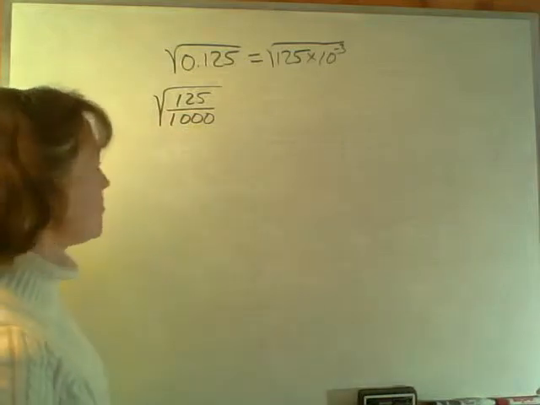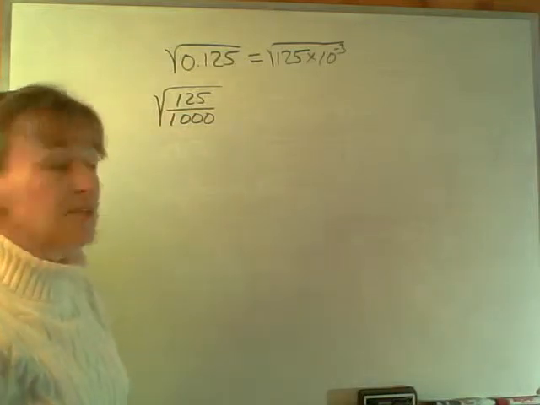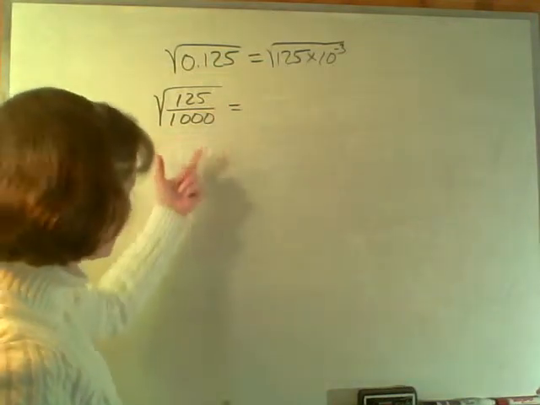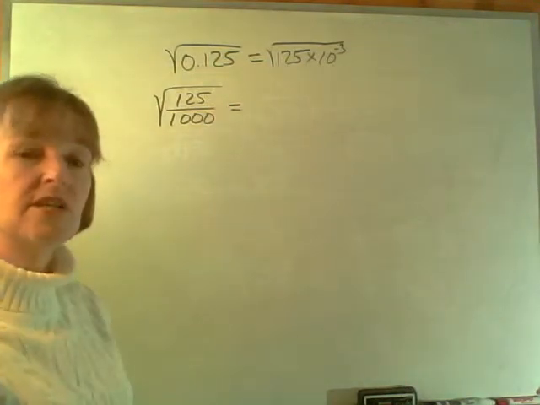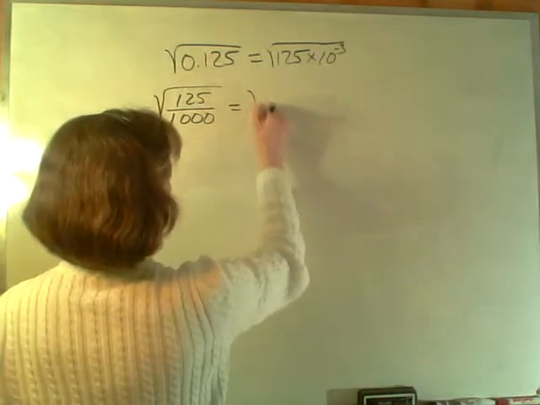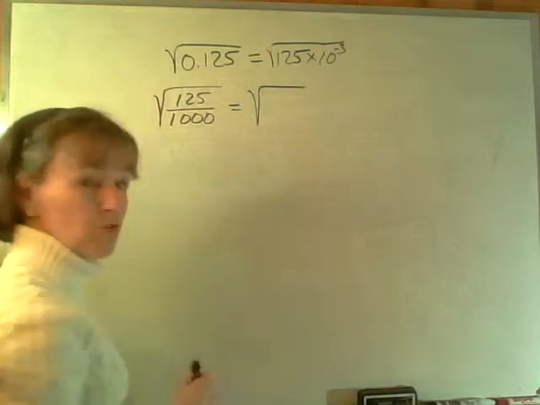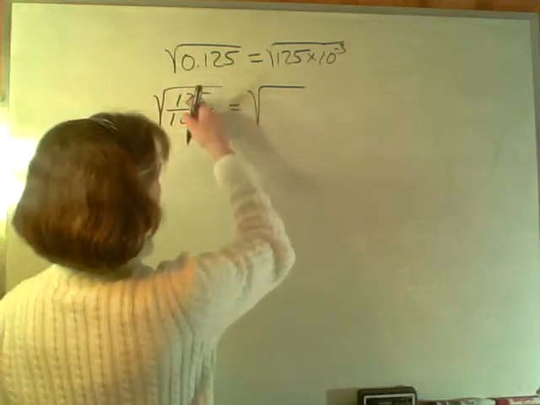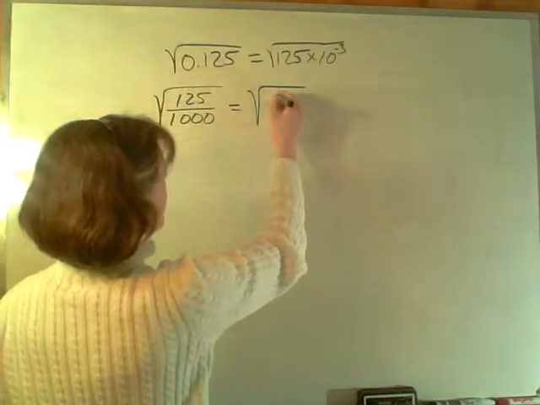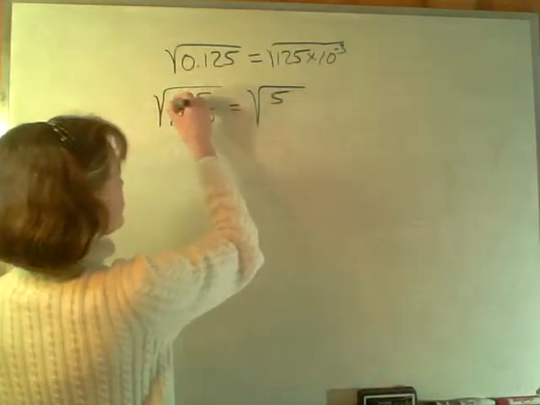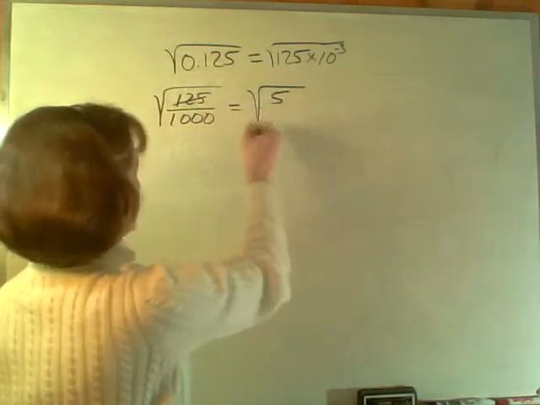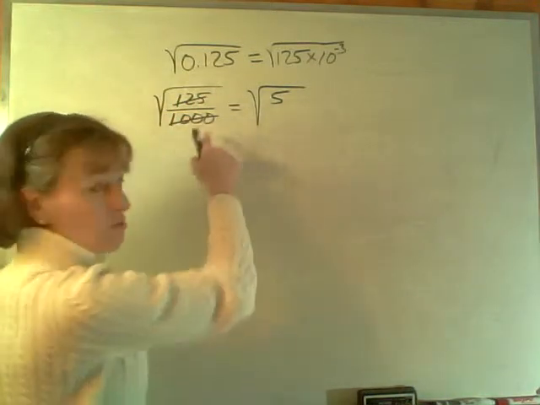And I'm going to work with it this way and show you that we can either simplify this the way it is or we can reduce it down and then work with it. Now if I reduce this down, I know that 25 will go into both of those. 25 times 5 is 125. So I can divide 125 by 25 and get 5, and I can divide 1,000 by 25.